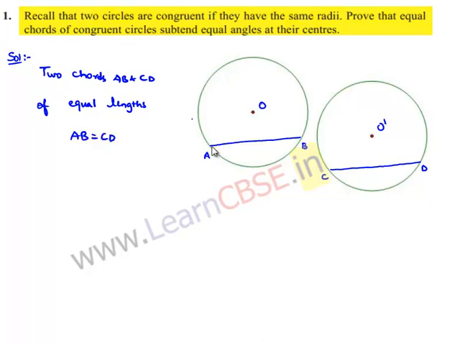Now we need to prove that angle subtended by them at the center must be equal. That is angle AOB is equal to angle CO dash D we need to prove.